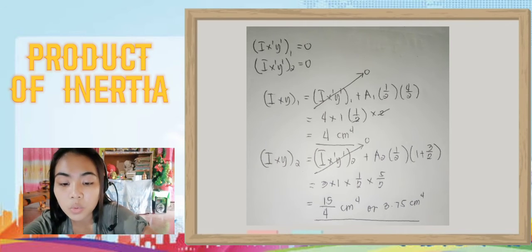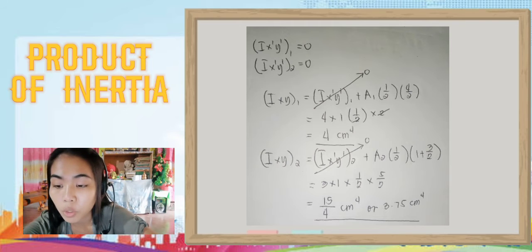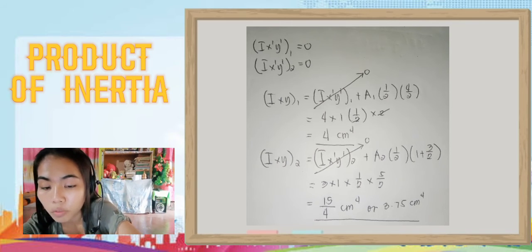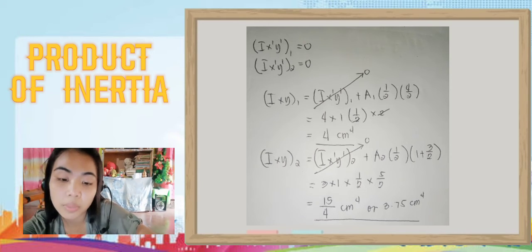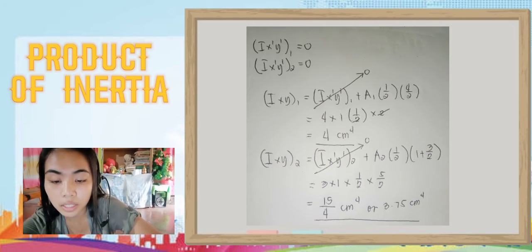So, I_xy1 is equal to I_x'y' plus area 1 times 1/2 times 4 over 2. Kasi 4 over 2 siya kasi nahati siya ang area. Then, kasi yung I_x'y' natin is equal to 0, so makakansel na yan. So, ang natira na lang is area.